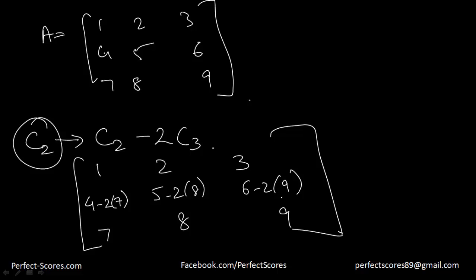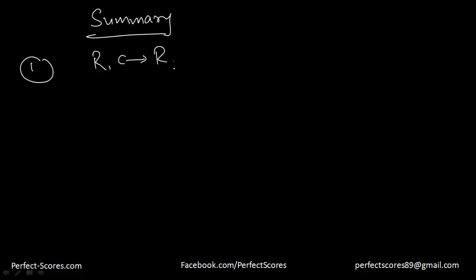So these are the 3 different arithmetic or elementary operations that you can perform. If I go ahead and summarize, the summary of these 3 operations: the first one is that you can interchange the rows, and you can interchange the columns as well. So you can interchange rows and columns.